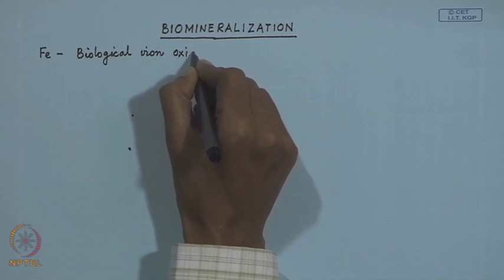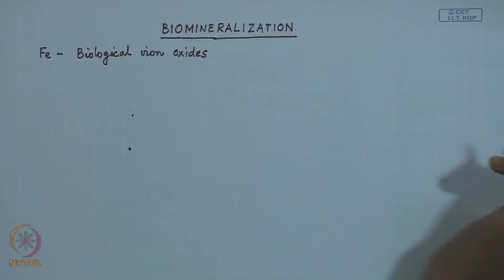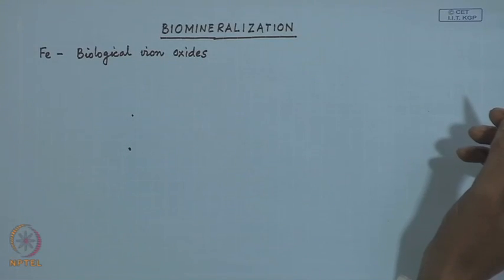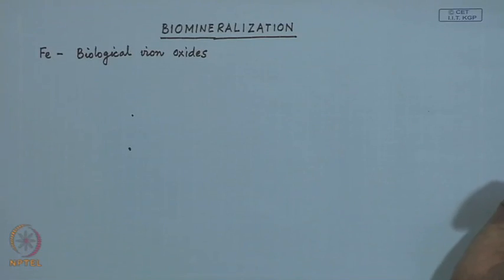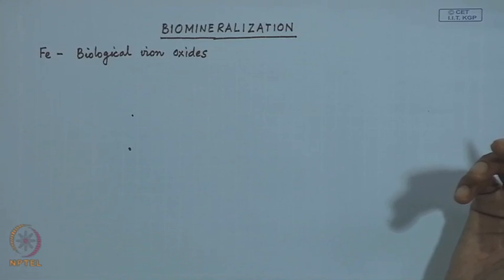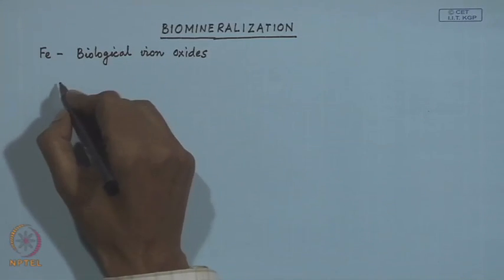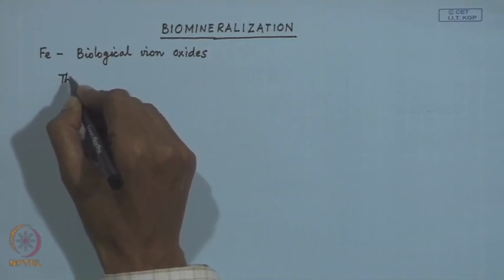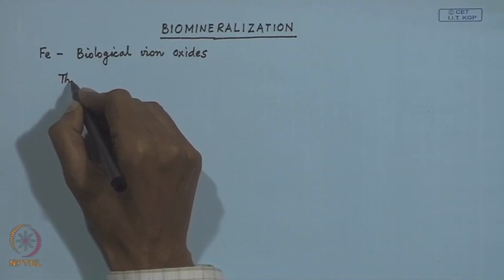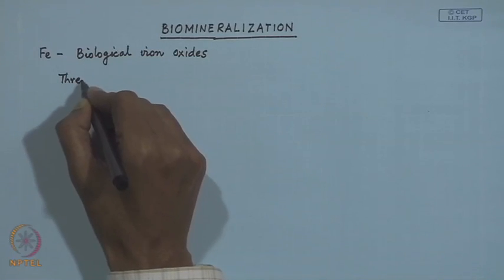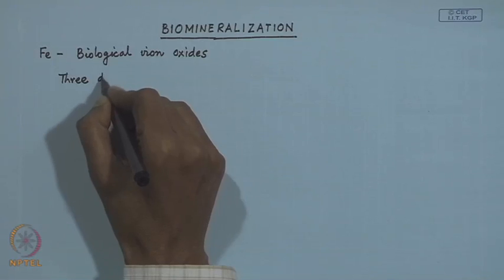We all know how nature gives us mechanisms by which iron ores and iron minerals are formed on the earth crust. In the same fashion, the mechanism of formation of biological iron oxides is pretty difficult, and there are basically some forms; at least for the most studied ones, there are 3 different forms.